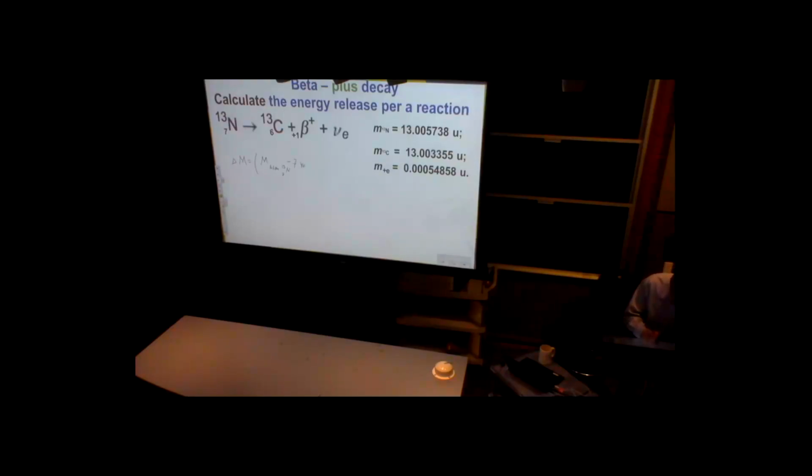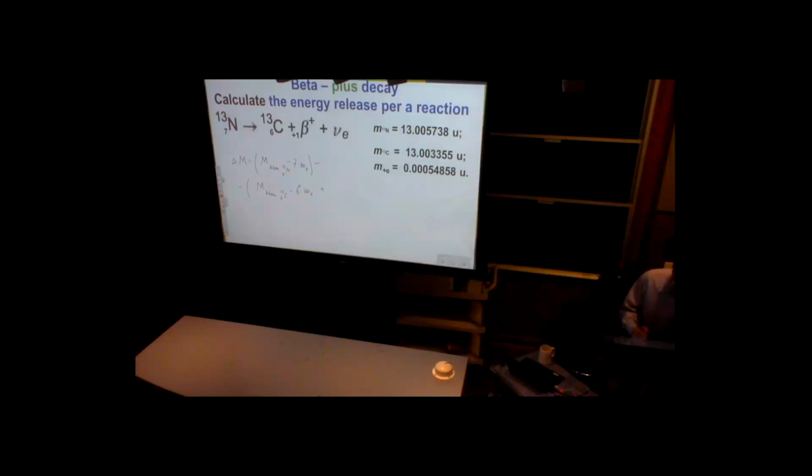So 7 electron masses. And done with the left, minus first atomic mass of this element minus 6 electron masses.